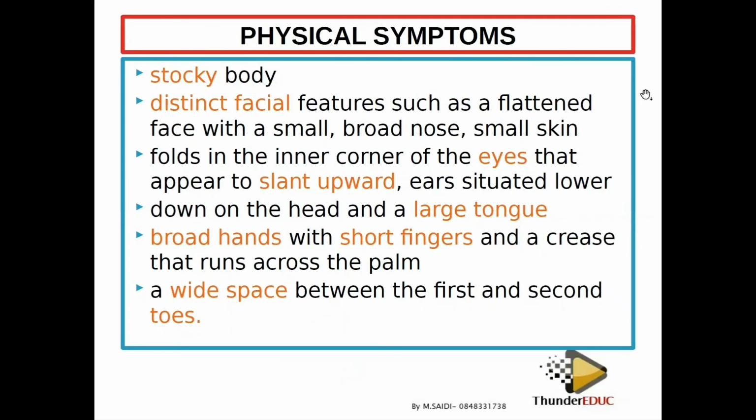How do we recognise a child with Down syndrome? The physical symptoms: a stocky body, the body is round, solid, okay? The person looks like someone with a solid, stout body. Distinct facial features such as a flattened face, the face is flat with a small broad nose, small skin folds in the inner corner of the eyes that appear to slant upwards.